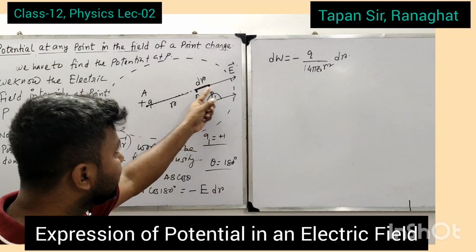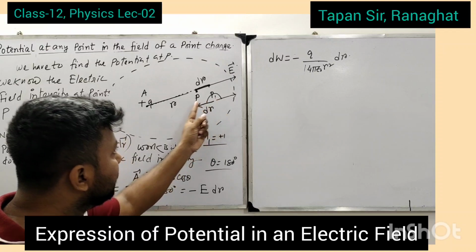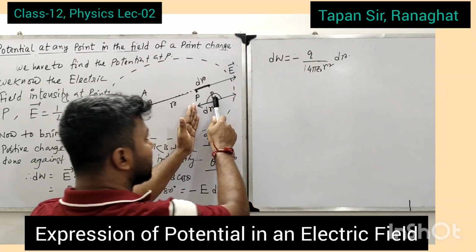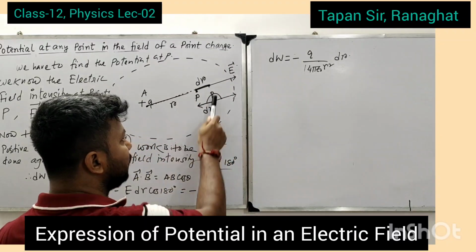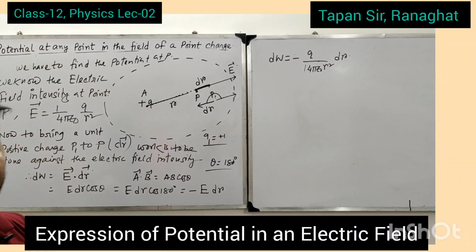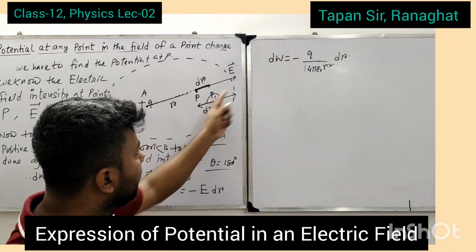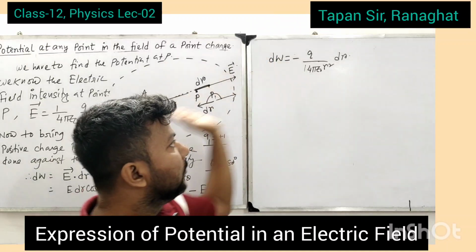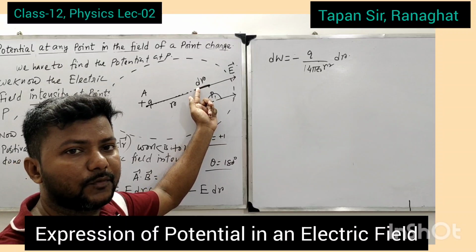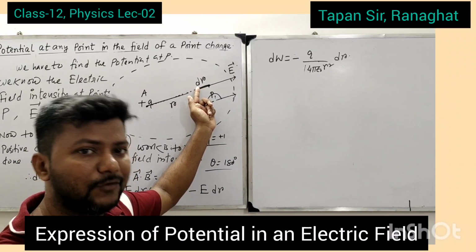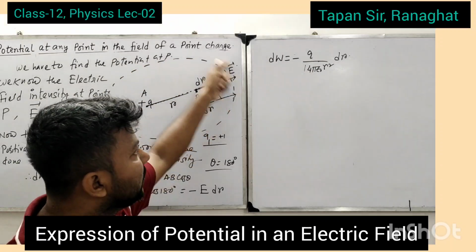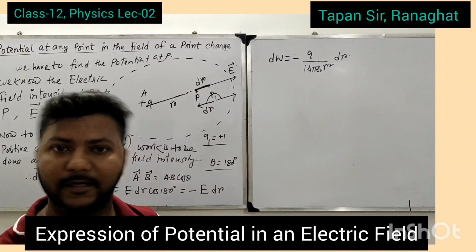Suppose this unit positive charge Q1 from infinity, very far away, to P, we need work done against the field, and this work done is stored in this electric field region as the potential, ठीक है.